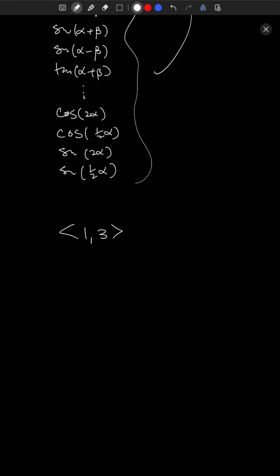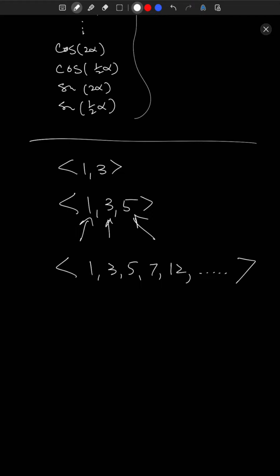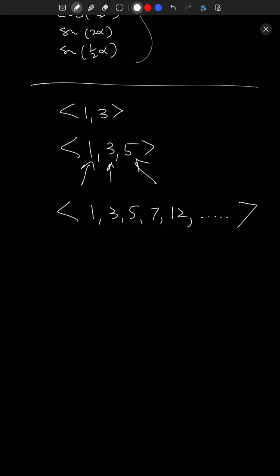But if you want to go to 3D, right, to model real motion, 1, 3, 5, this would be x, y, and that would describe z. And in terms of AI and stuff like that, you would work with vectors that have hundreds and hundreds possibly of entries. Okay, but ultimately they're still vectors.